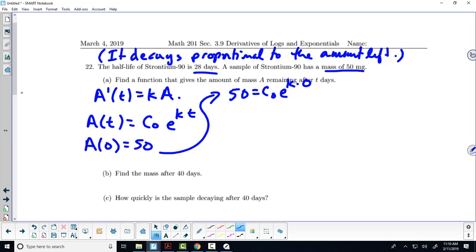What's e to the 0? It's 1. So we get that 50 is equal to c naught. Which is why I've been using that subscript with a 0 on it, because it stands for the original amount. So we're partway through building our model, right? We've got that a of t equals 50 times e to the kt.